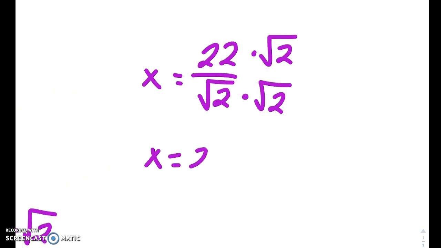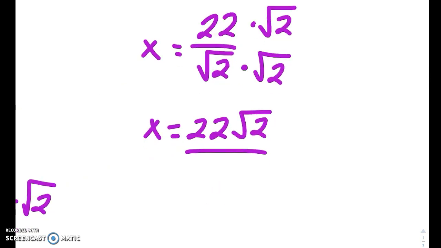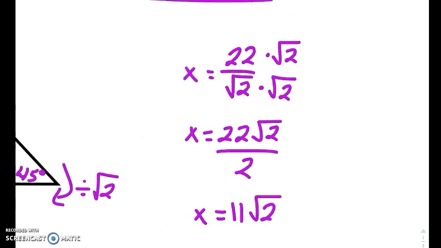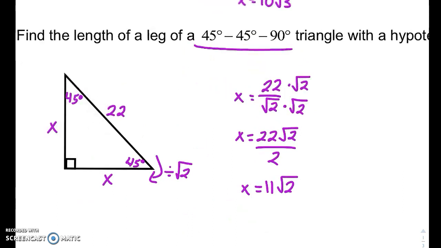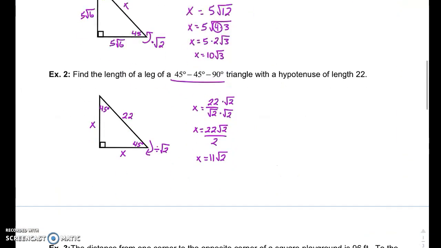The top gives you 22 radical 2, and the bottom gives you radical 4, but radical 4 is just 2. Then we simplify: 22 divided by 2 is 11, and we keep the radical. So each of the legs is 11 radical 2.